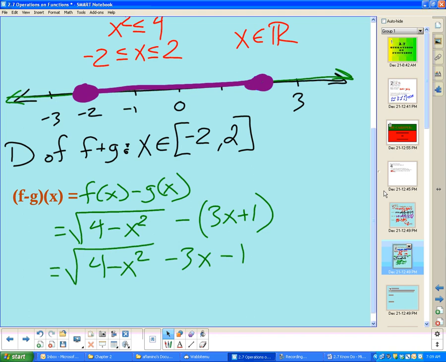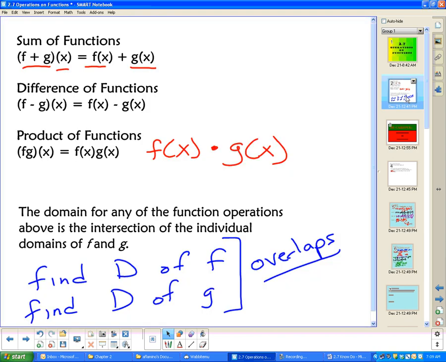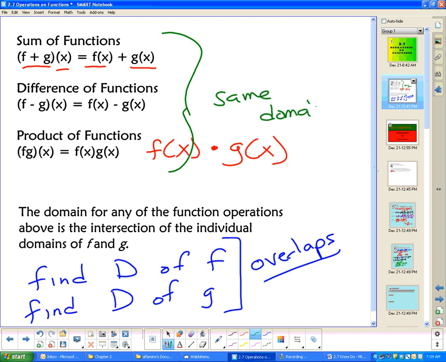And I'm not actually even going to calculate the domain of this function, because what I gave for a definition says that the domain for any of the operations above on that first slide are the same. So basically, one way of looking at this, all three of these things are going to have the same domain.